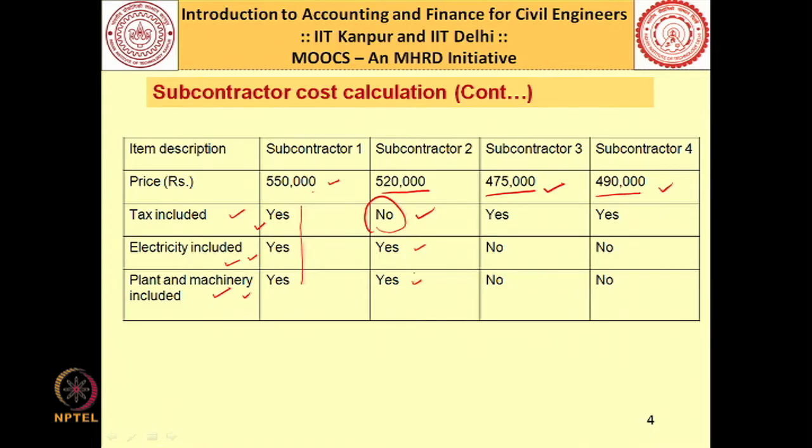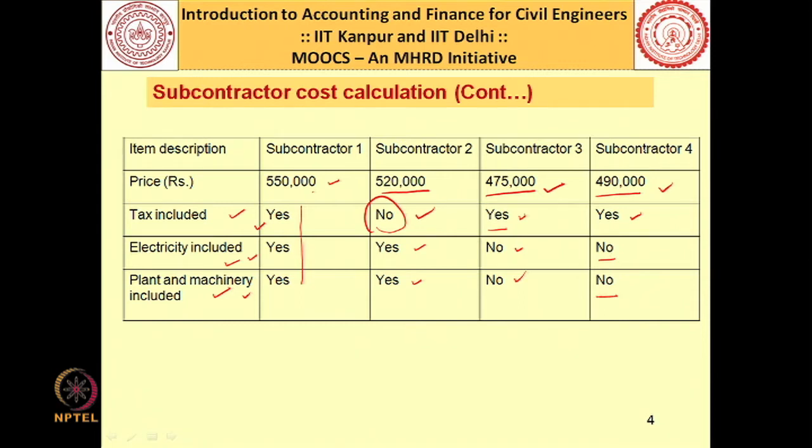The third subcontractor, if you can see carefully here, has taxes included in his rates, but no electricity, no plant and machinery. And finally, the bid of subcontractor 4 has included the taxes, but it has not included the electricity cost and plant and machinery cost.